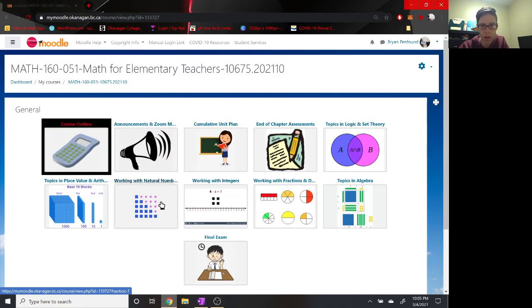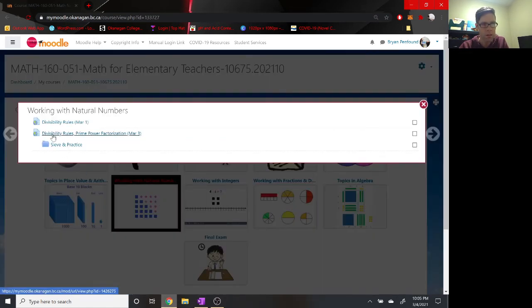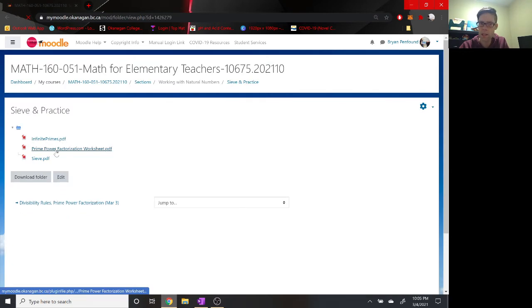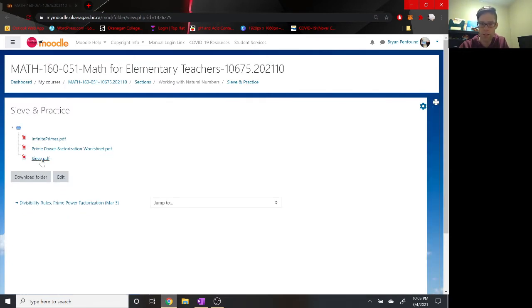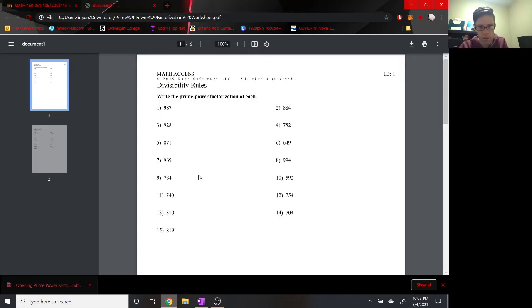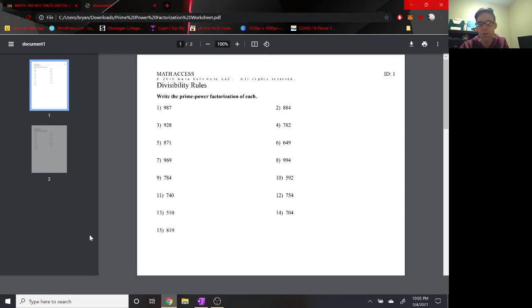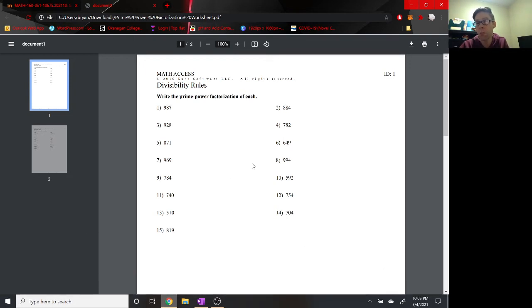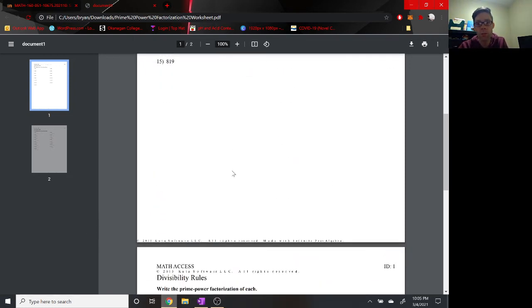So I just want to double check and make sure I have posted that for you. Under working with natural numbers, I have posted up the sieve of Eratosthenes, that new PDF for you to take a look at. And I have a little handout here, the prime power factorization worksheet, which has just a couple of 3-digit examples for you to try to decompose into the corresponding prime numbers.